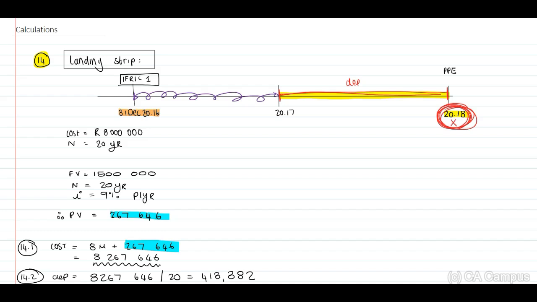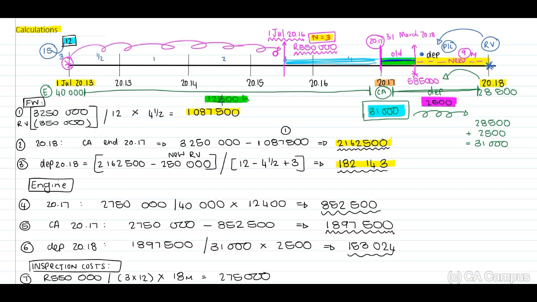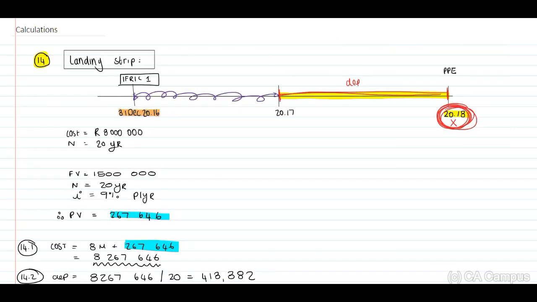Guys, you need to compare this for me to our calculation in terms of our residual value and our useful life. Remember, when you look at the residual value change and useful life, this had an impact on our current year's depreciation. Okay? But when you look at our IFRS 1 costs, remember, this value was estimated at the end of 20.18, but this relates to a value at the end of the useful life.